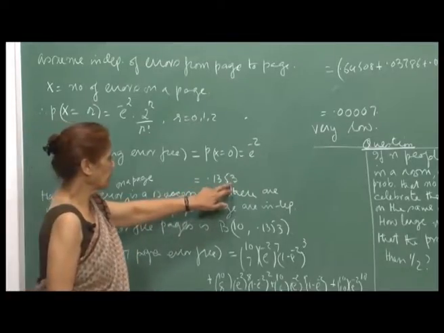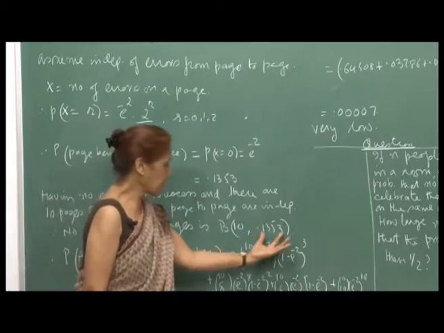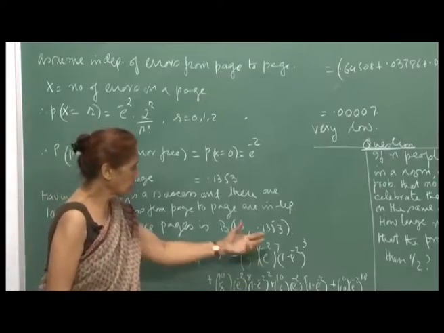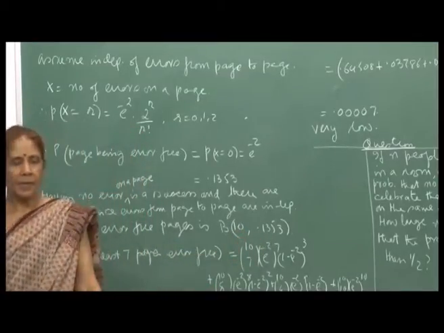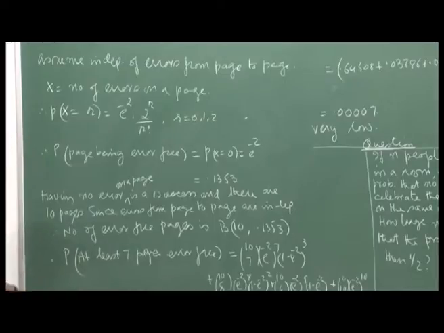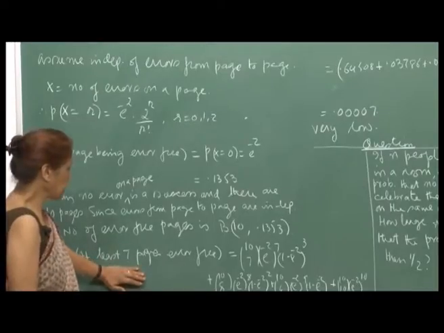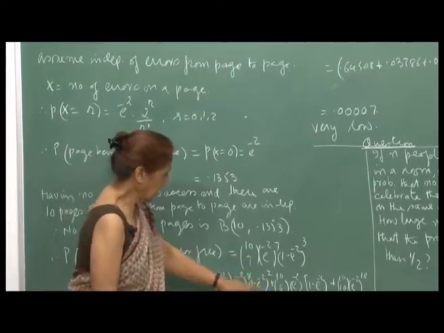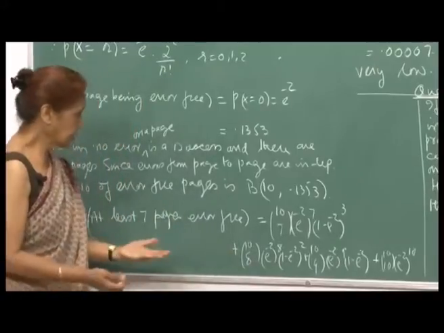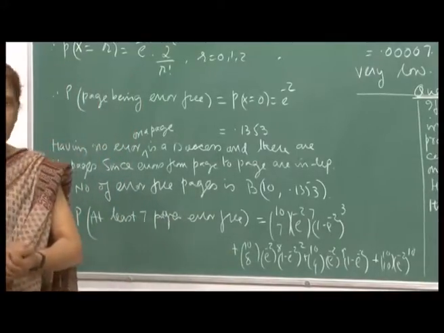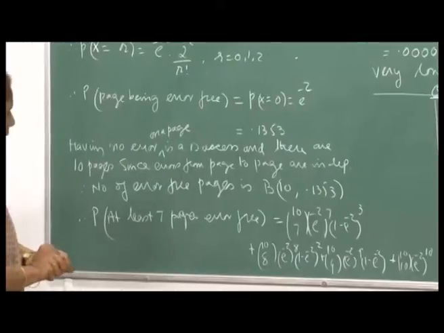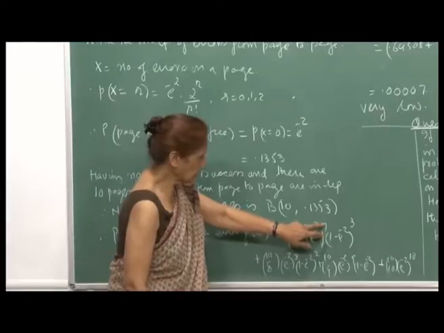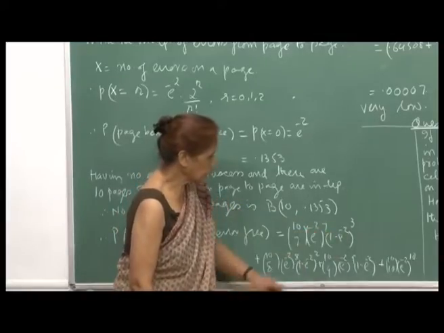That is 0.1353. That means the probability of a success, our p, is 0.1353 and the number of trials is 10. So this is a binomial random variable. And so, for the probability that at least 7 pages are error free, I require 7, 8, 9 or 10, and the probabilities will be 10 choose 7 e raised to minus 2 raised to 7 into 1 minus e raised to minus 2 raised to 3.